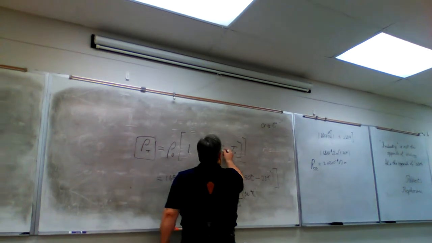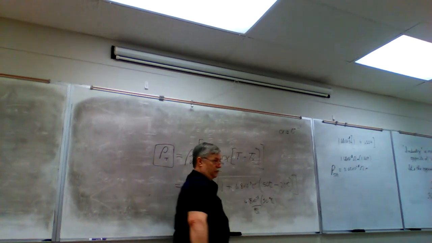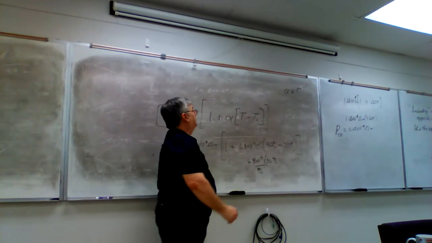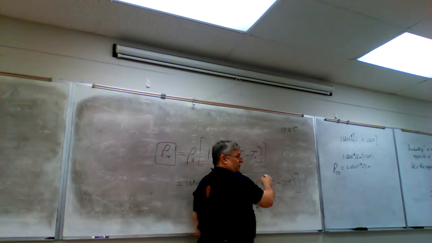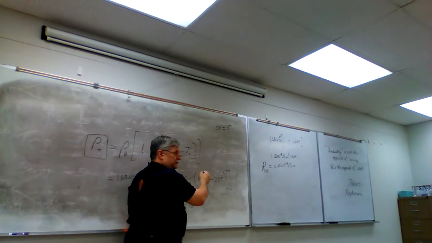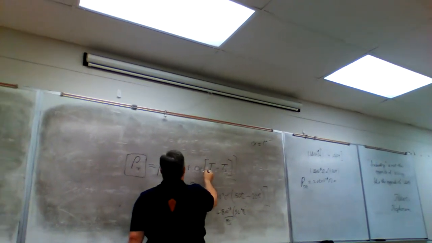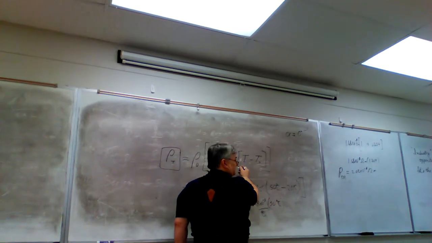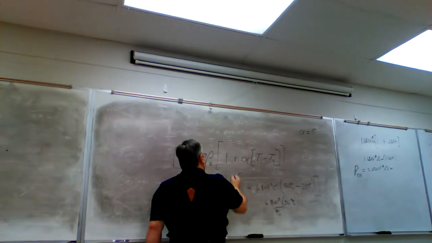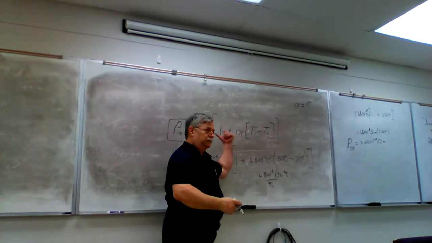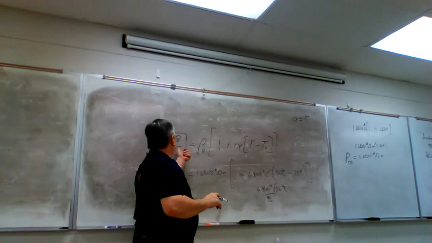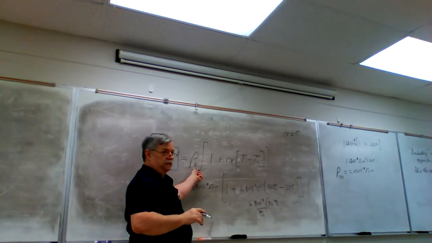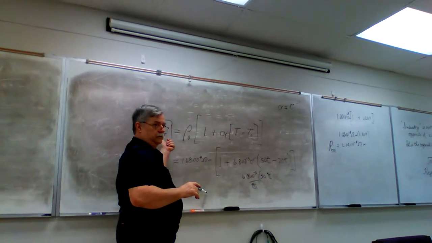But if this number were less than 20 degrees C, then this would become negative, and for every one of those changes in temperature of degree C, we would change the coefficient of resistivity by this much, but then it would be subtracted from 1. So we would be multiplying by a number less than 1, and this value would go down.